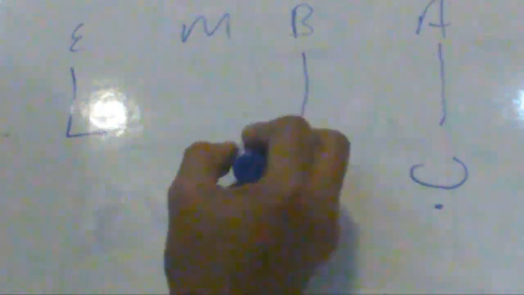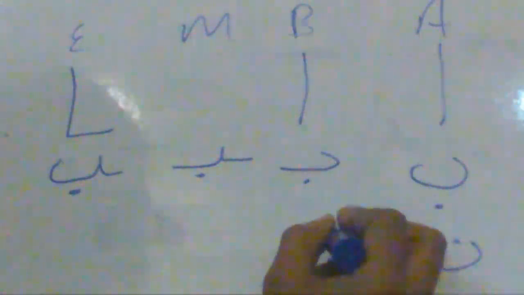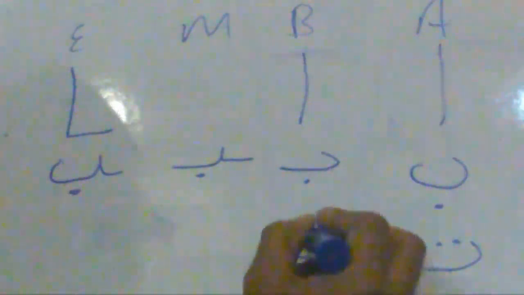This is ba when it's alone. Ba in the beginning. Ba in the middle. Ba in the end. Ta by itself. Ta in the beginning. Ta in the middle.